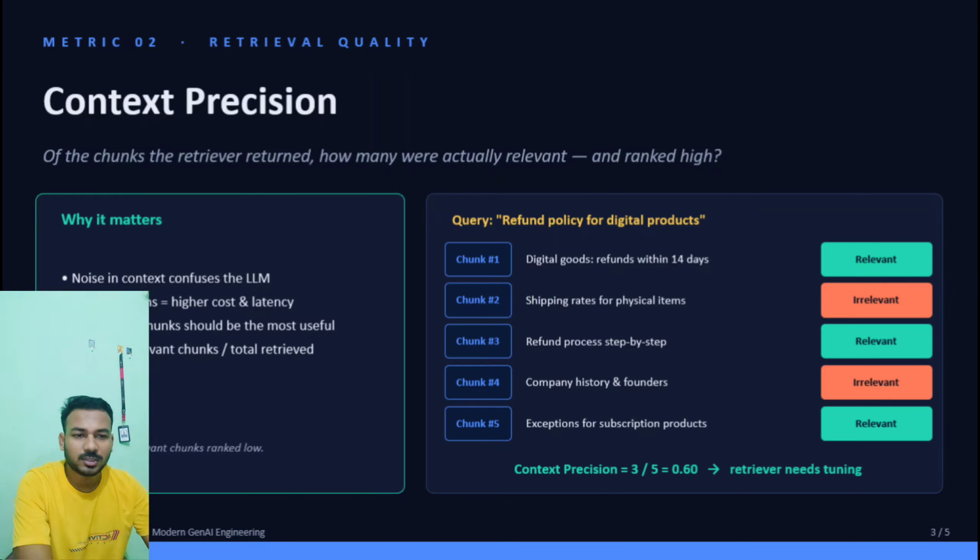So out of 5 chunks, only 3 are correct. Your context precision will be 3 divided by 5, which is 60%.